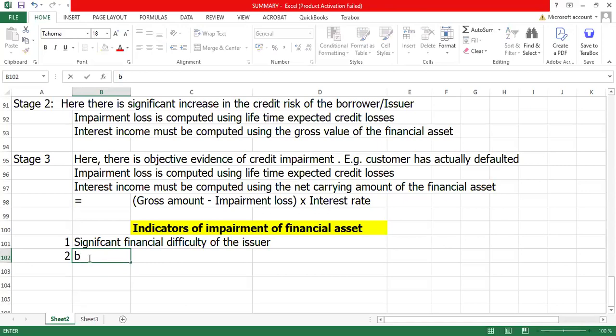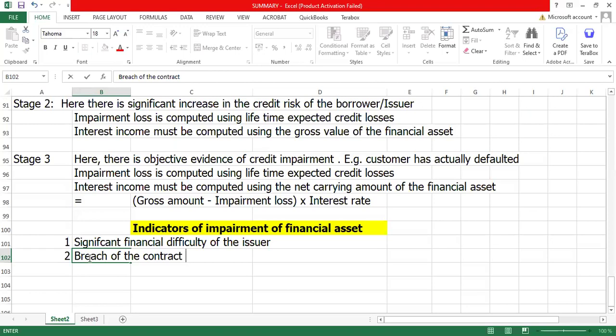Then also, a situation where there is a breach of the contract. You're supposed to be paying some money, let's say after every 3 months or 1 month, but you realize that along the way you're not paying. 3 months have elapsed, but you're not paying.